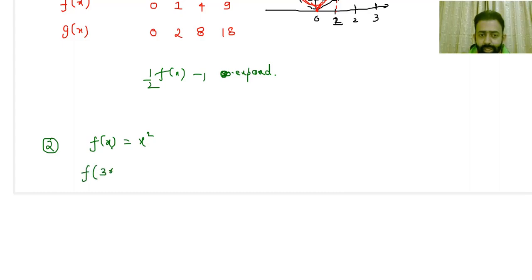So this becomes 3x. So the output is (3x) whole square, meaning 9x². Do not open this as 9x² carelessly, because the input is now 3x. Earlier the function g(x) was 2x². It was not written as root 2 x².